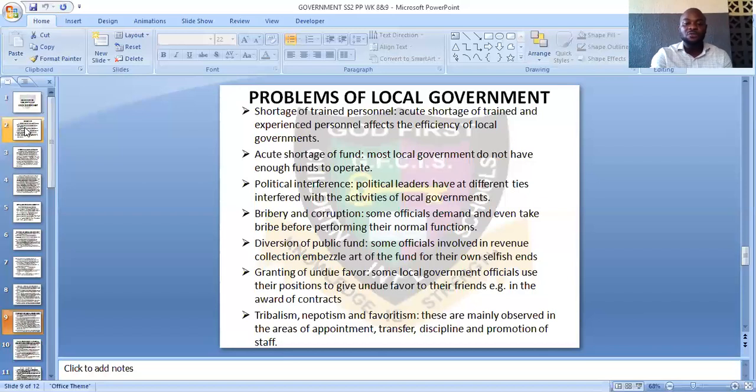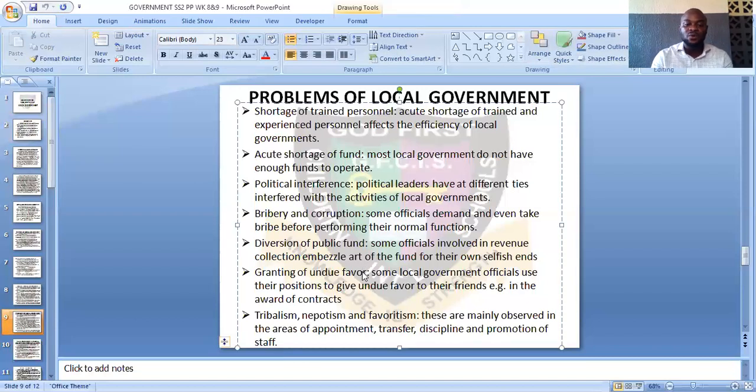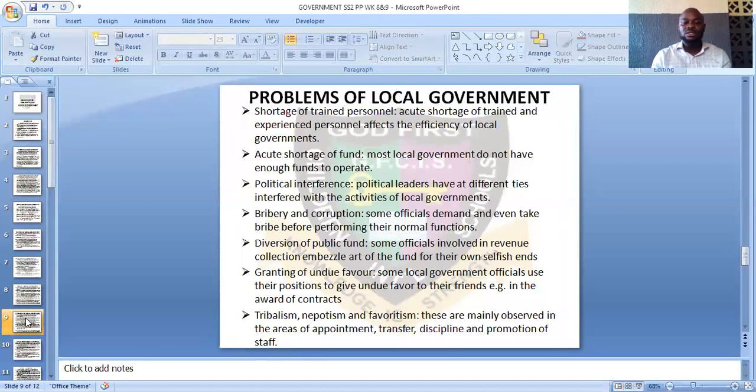Some local government officials make use of their position to give undue favor to their friends and family, due to one thing or the other. For example, in the area of awarding contracts, even if the person is not the best person in position to be awarded that contract, they just award it to their friends because they have favors for each other.